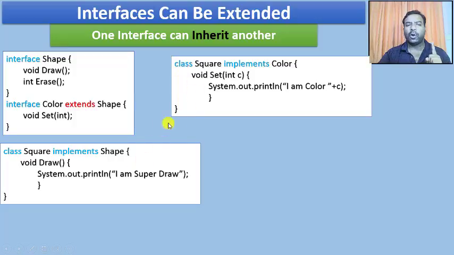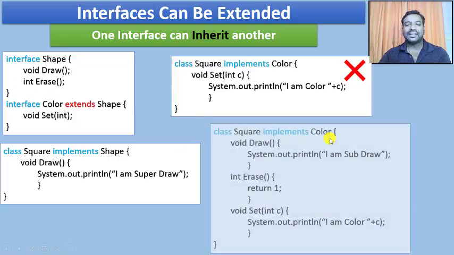Right now I am not using any abstract in these two cases, hence you are going to end up with a syntax error in both cases, because here you need to define one more method, that is erase. Here you should define two more methods, that is draw and erase. That is what we are going to see as a syntax error along with this program.